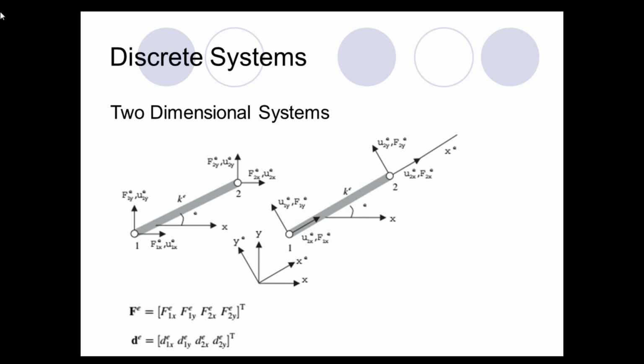One trick is you should follow the same ordering in writing the displacement vector. So this is the element displacement vector. As you see, first I have d1x here, then I have d1y here, then I have d2x and d2y.